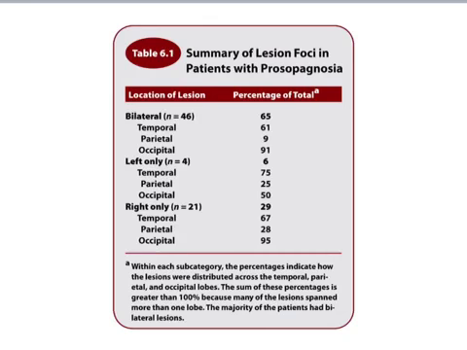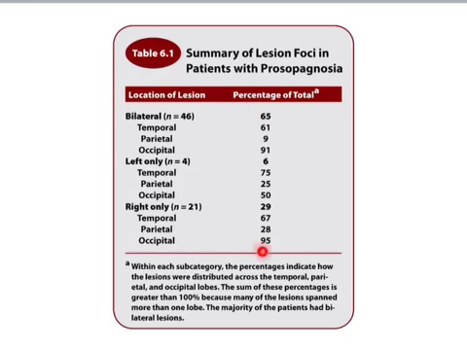So prosopagnosia is a condition that was identified by Oliver Sacks in his book, The Man Who Mistook His Wife for a Hat, although some people are suggesting that perhaps was not true prosopagnosia. Nonetheless, this is where the lesions are identified in patients with prosopagnosia, showing that the occipital lesions account for far more in total, with temporal regions not too far behind.